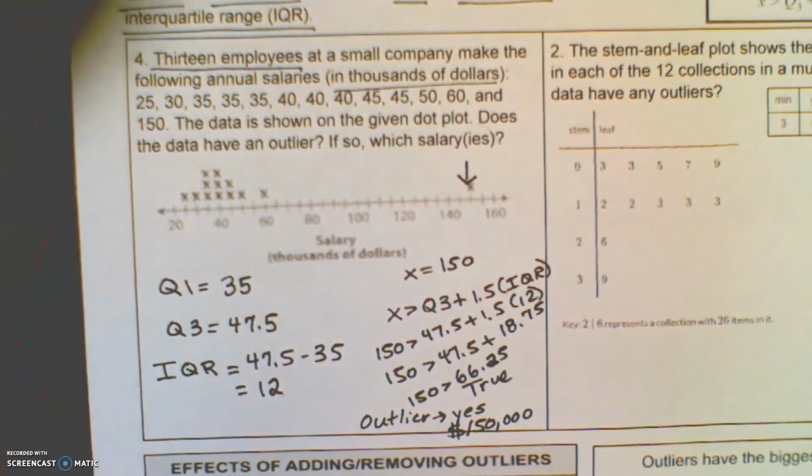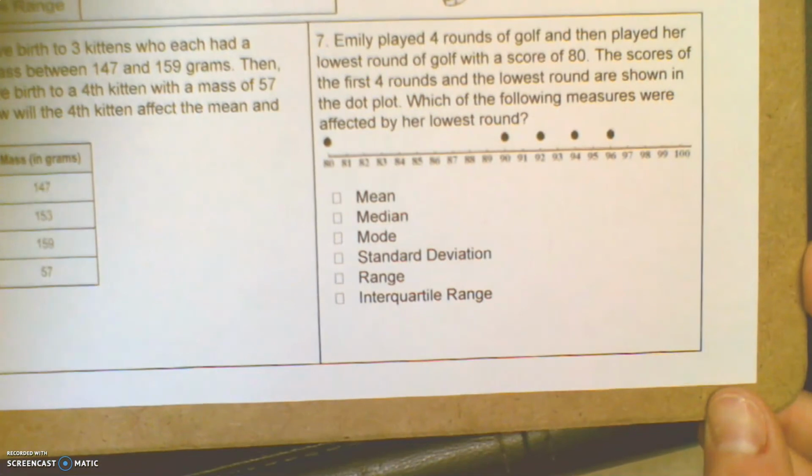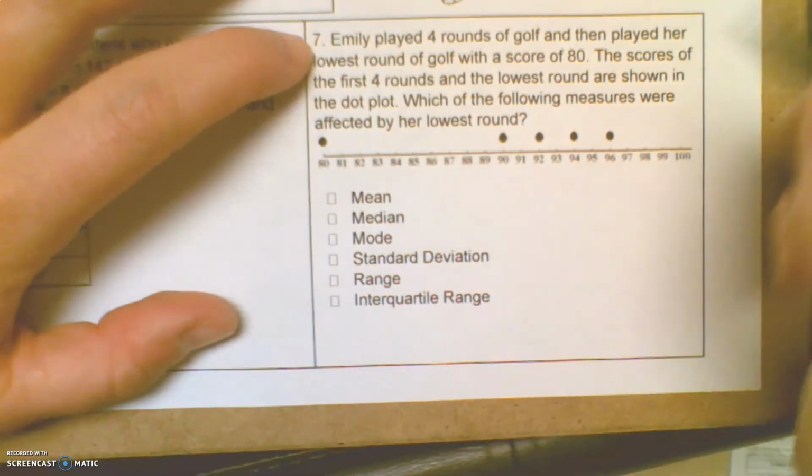Let's look at a final example. This is where we're going to compare two sets of data. It says Emily played 4 rounds of golf and then played her lowest round of golf with a score of 80. So we have two different sets that we're going to use.